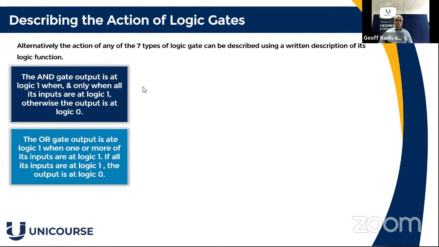But if all the inputs are at a 1, then the output will be 1. Whereas with the OR gate, it doesn't matter if 5 out of 6 inputs were 0. If one of them is a 1, then the output will be 1.